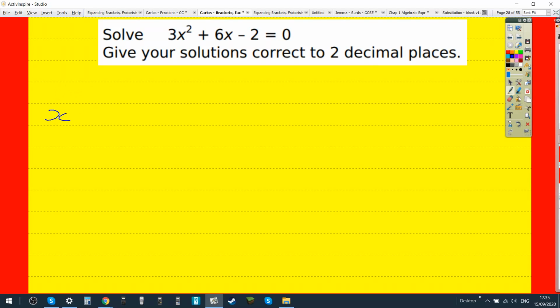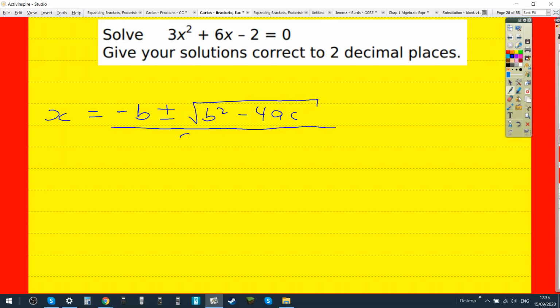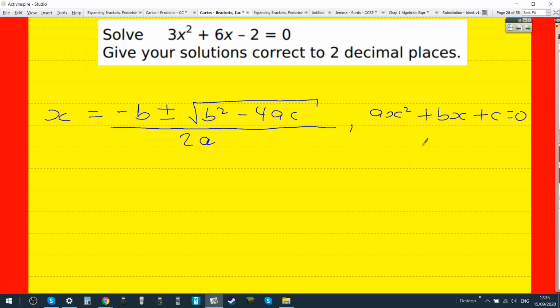It's a big, massive, weird thing. Minus b plus or minus the square root of b squared minus 4ac, all over 2a. So it's just the biggest and hardest substitution. And that is when it's written in the form ax squared plus bx plus c equals 0.